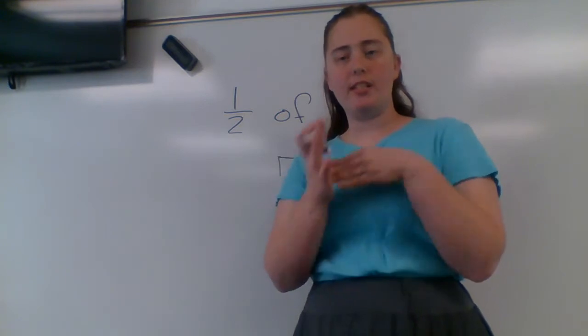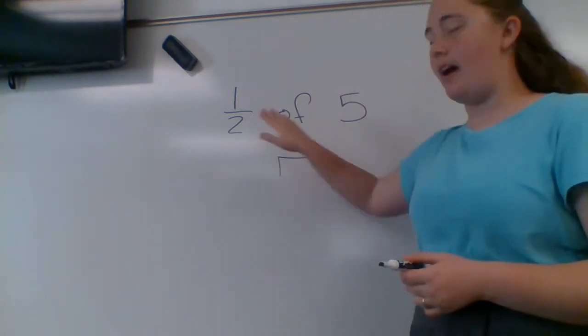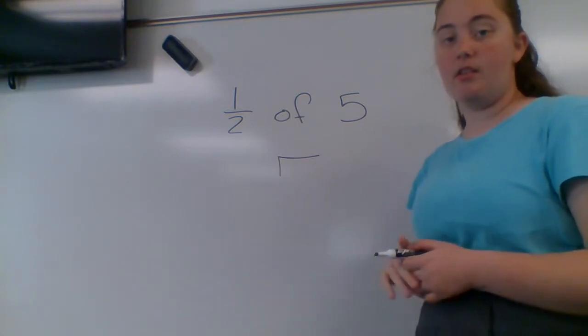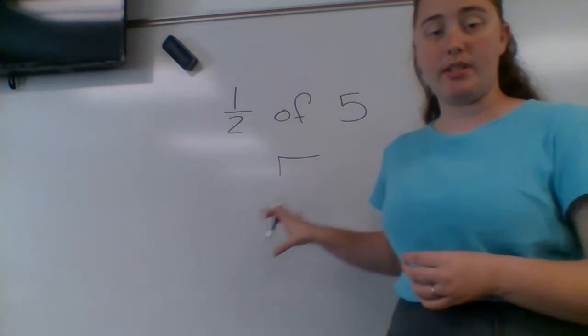We're on page 265, number 4, letter A. It's right here on the board. 1/2 of 5. Of course, it's just a division problem like we have down here. Go ahead and plug those numbers in.